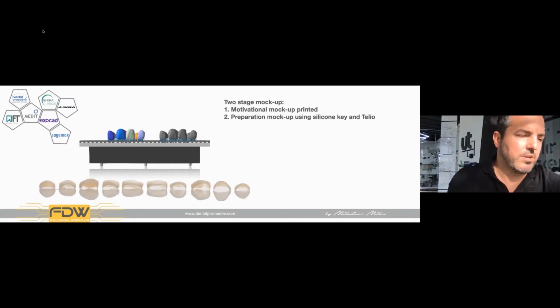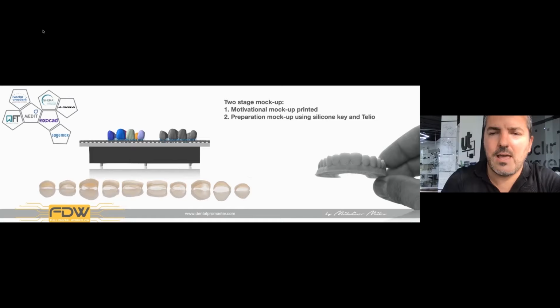This is like the one you see here. And then the second type of mock-up is the one that we print in the lab, and that's the fixed one that we print. And on this one, you can create a classic true mock-up or guide mock-up.